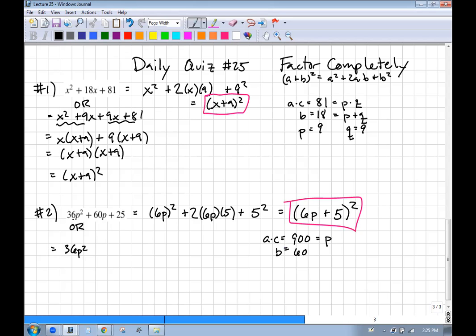So in this case, the perfect square, it's just boom, boom, right? But with the AC method, we need two numbers that multiply to give us 900 but add to give us 60. And there's a whole lot of numbers that multiply to give us 900, right?